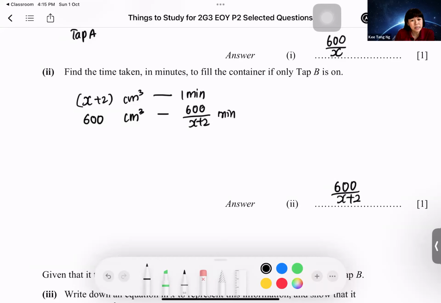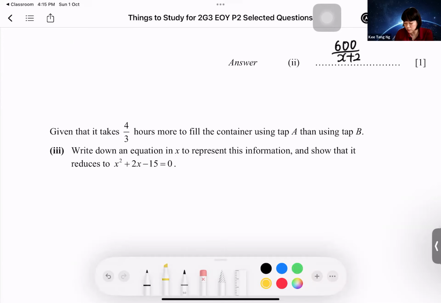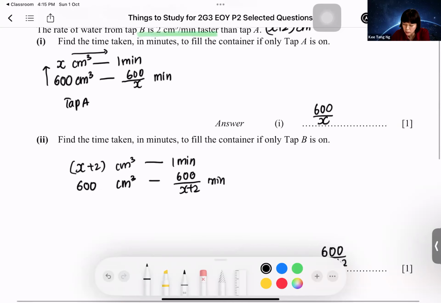All right, then next, given that it takes 4 over 3 hours. See, the question over here says hour. All these questions over here are in terms of minutes.